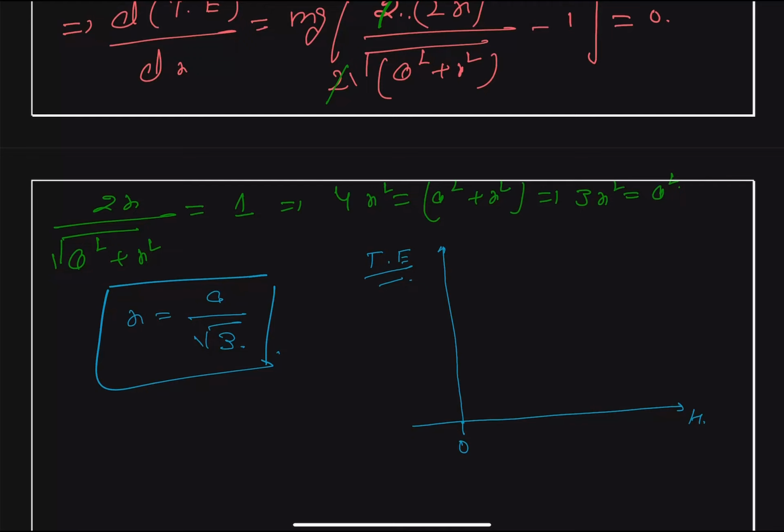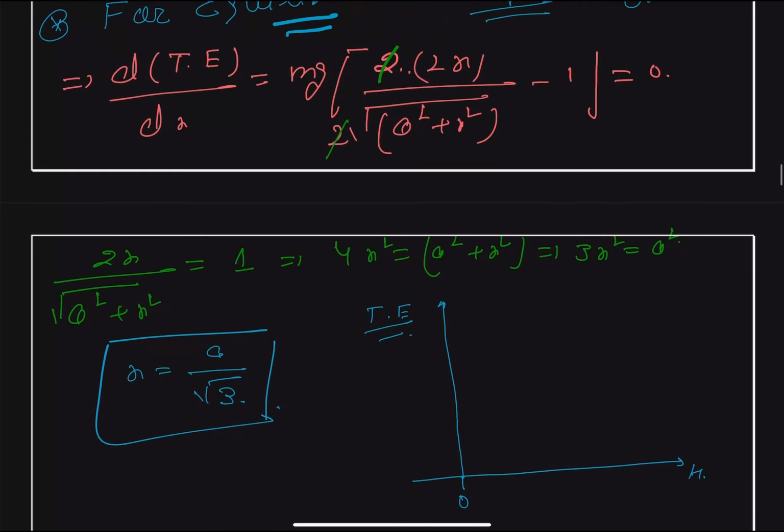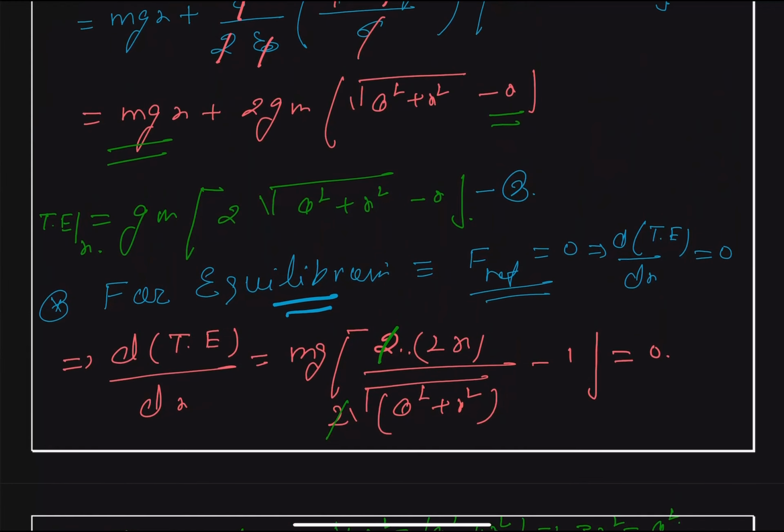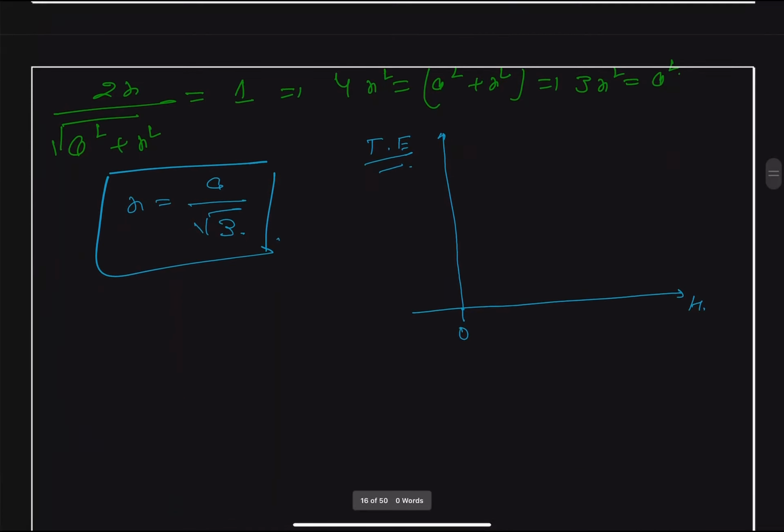If we substitute h is equal to 0, in this case the x will be equal to h. So we get the total energy will be equal to 2a gm or 2mga. Okay. So the graph is going to start from somewhere here. Let us suppose this is our 2mga.